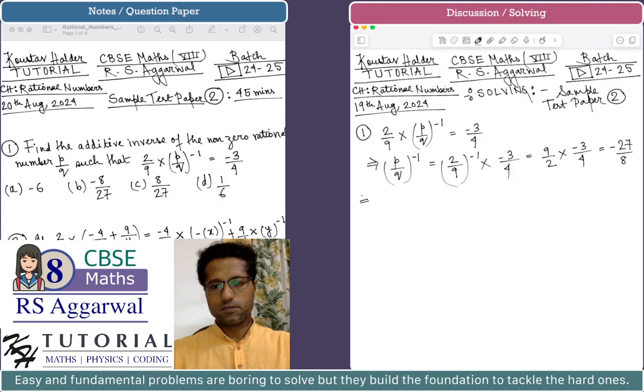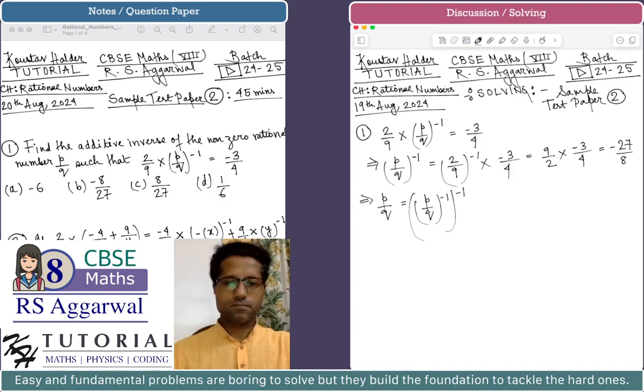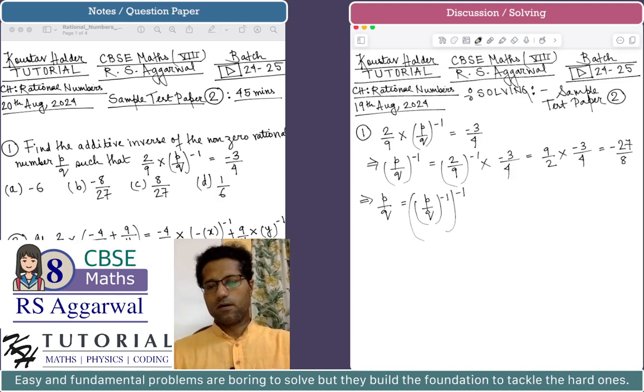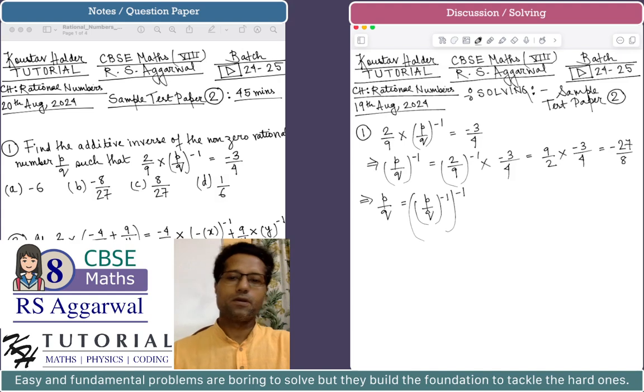So this implies p by q will be equal to the multiplicative inverse of the multiplicative inverse of p by q. Multiplicative inverse and reciprocal are the same thing. So the reciprocal of the reciprocal of a rational number p by q is the rational number p by q itself.